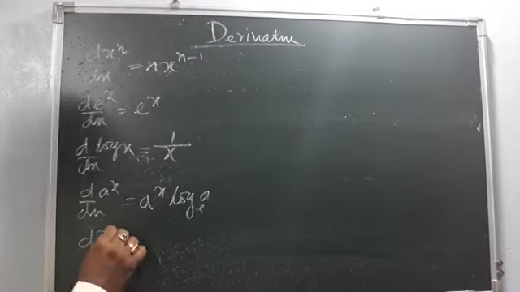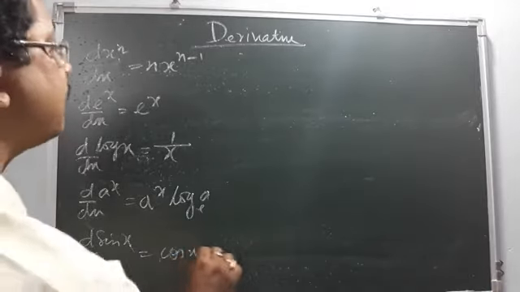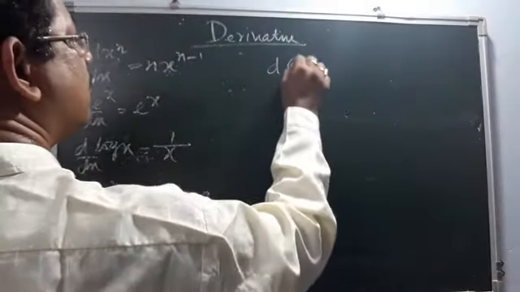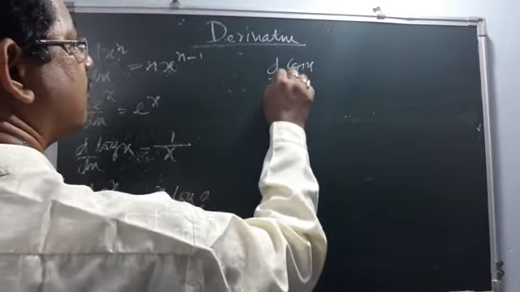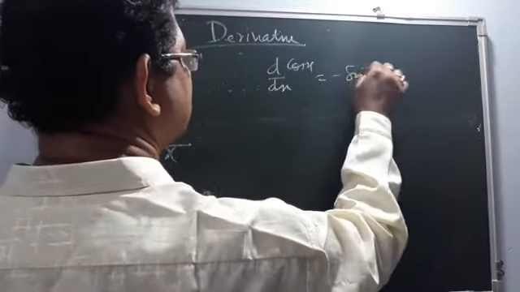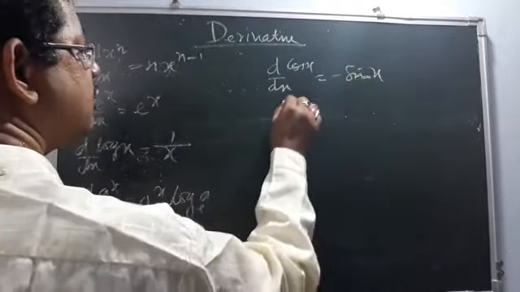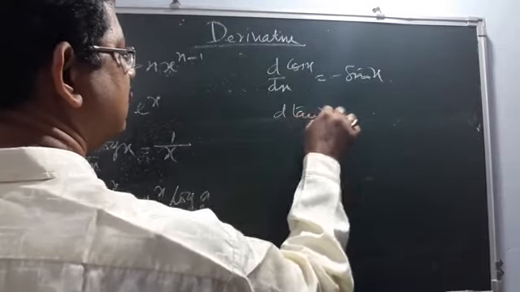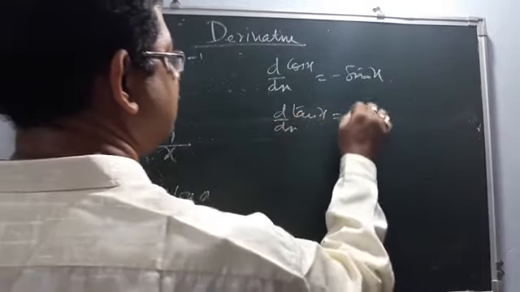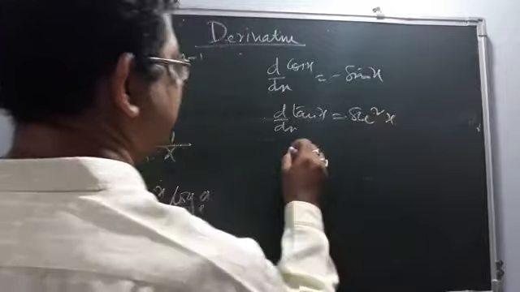Differentiation of sin x is cos x. Differentiation of cos x is minus sin x. Differentiation of tan x is sec square x.